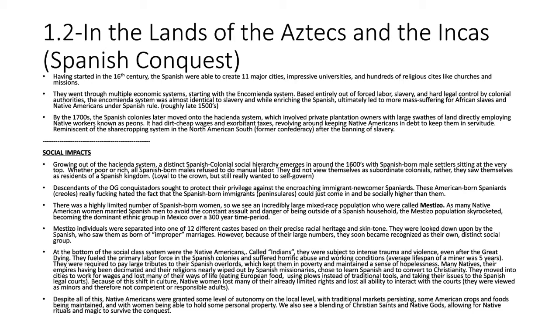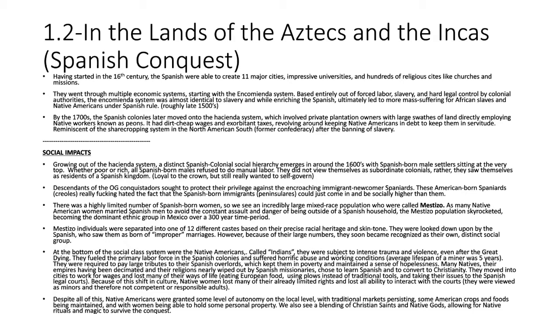Another notable thing which influences culture in South America even today is that there are very few Spanish-born women. So you have a bunch of horny Spanish dudes, but barely any Spanish women. It's like 1 to 8 at one point, 8 being the men.